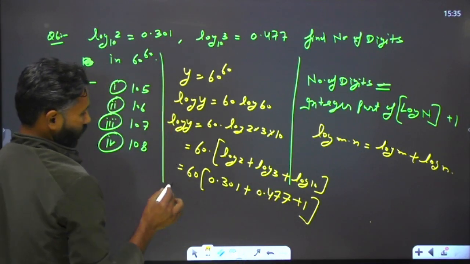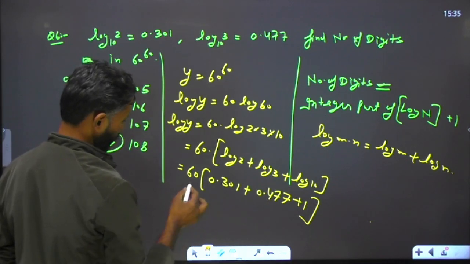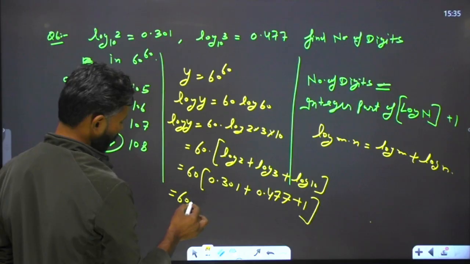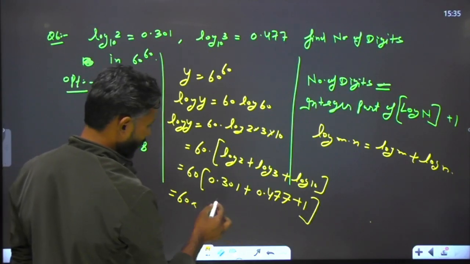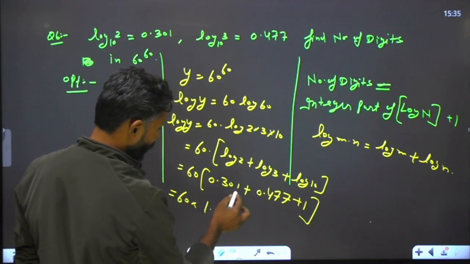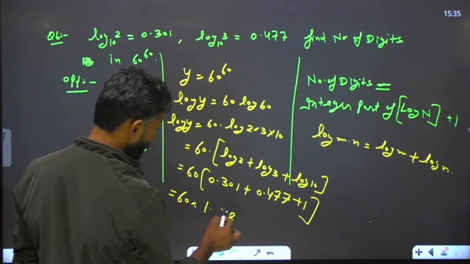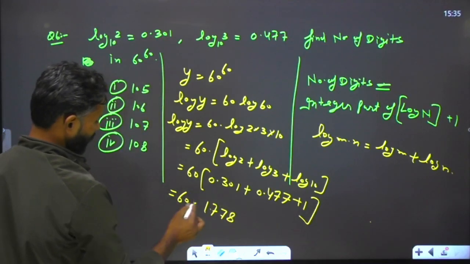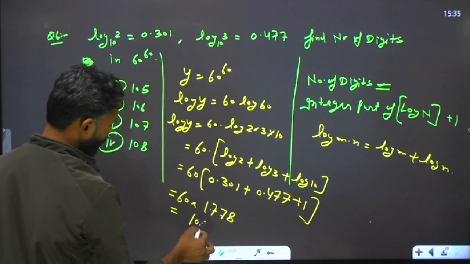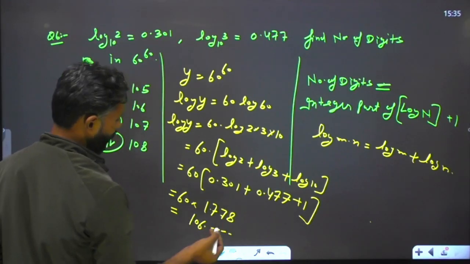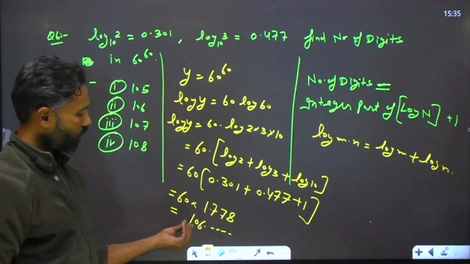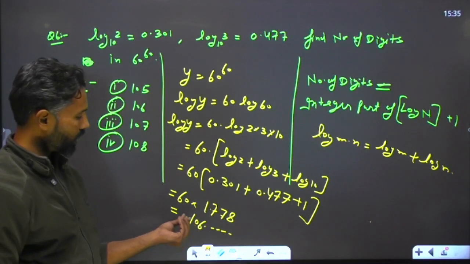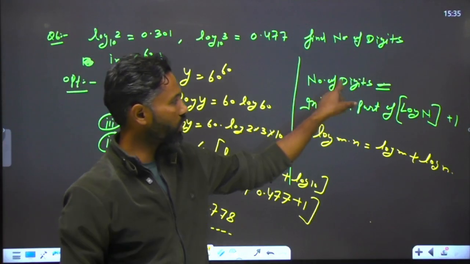If we add all these, it will become 60 multiply 1.778. If you multiply, it will become 106 point something. So the integer part is 106, and we have to calculate the total number of digits using the concept we have written over here.